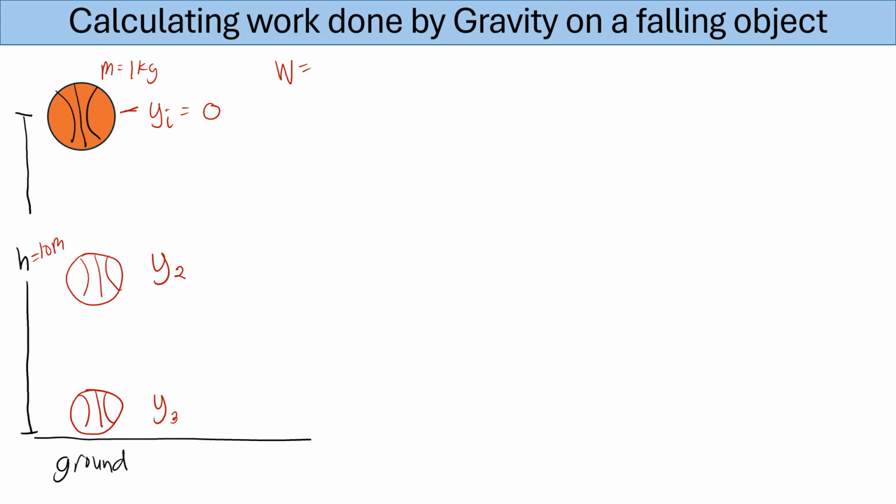Work is equal to force times distance, and when this ball is in the air, the only force that would act on it is the weight of the ball, in the absence of air resistance. So F here will be equal to the weight. If we expand our formula, the work done here is just equal to weight times d, which is equal to mg d.